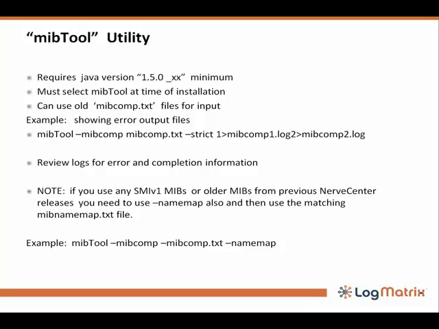With a minus strict, you're going to be strict on your includes, and you're going to redirect MIBCOMP1.log and MIBCOMP2.log. MIBCOMP1.log is the input information, and MIBCOMP2.log is the error output information. And you can look at those two files to see what happened, if anything happened.